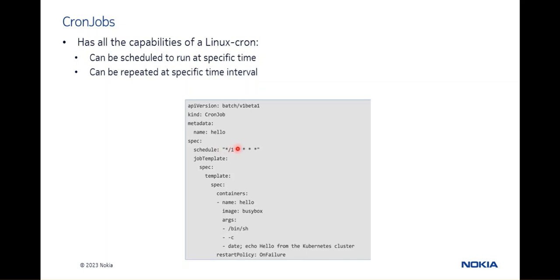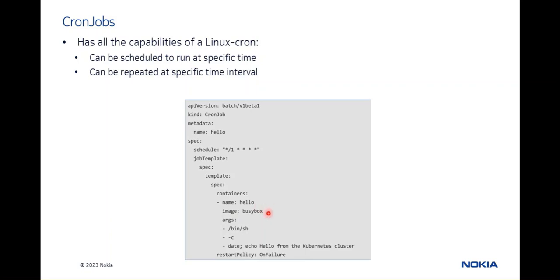So this syntax means that every 1 minute we want this cron job to create a pod for us and run that pod. And what is that pod which is being run? The specifications are provided here under the spec. Basically, it's a BusyBox image, which is a kind of Linux operating system image.